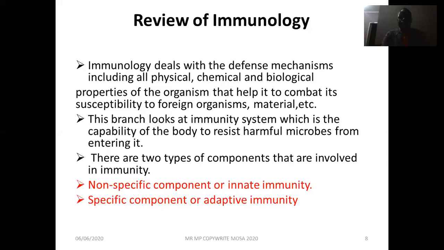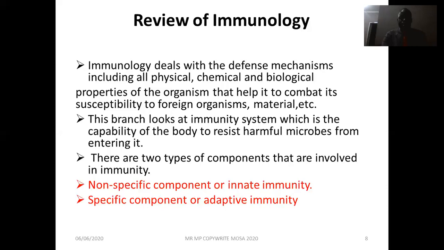So when we look at immunology, we're just looking at how the body is able to protect itself from various microorganisms, so that they cannot enter the body and cause various infections.